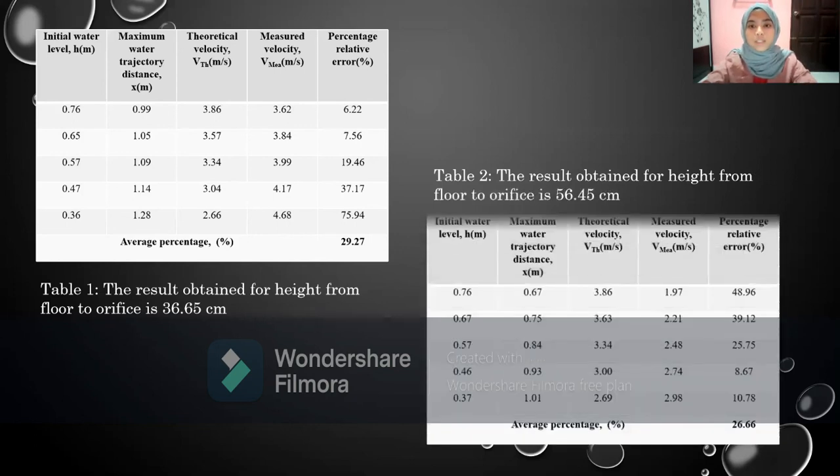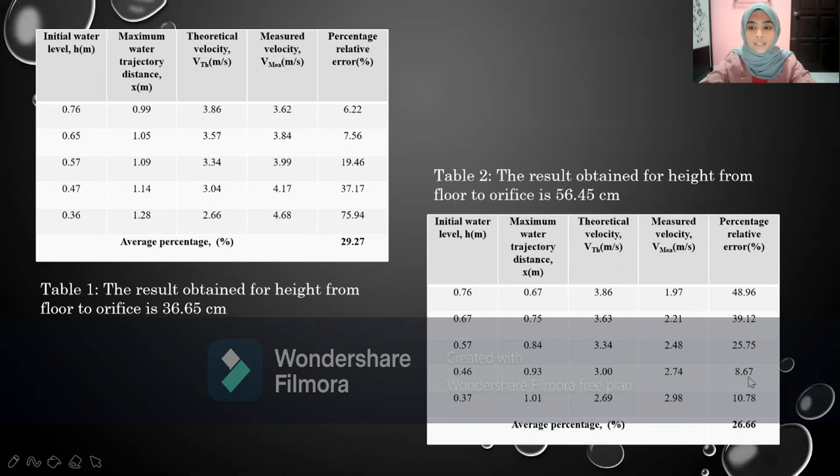Therefore, the second one is table 2. The result obtained for the height from floor to orifice is 56.45. For the first one, we get 48.96%. The second one is 39.12%. The third one is 25.75%.